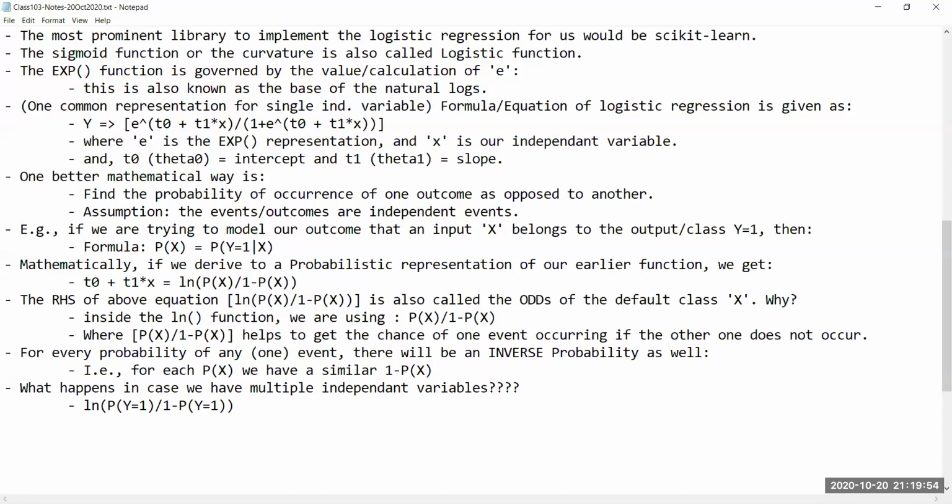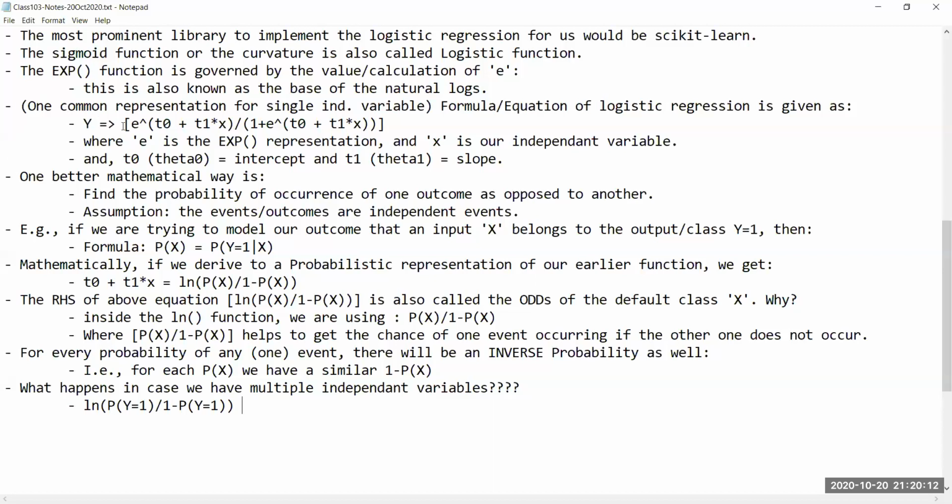So I'm trying to represent this value in the form of a mathematical expression that I'm trying to find out, which is going to contain multiple variables. Can that be represented like this? The answer is yes. Why?